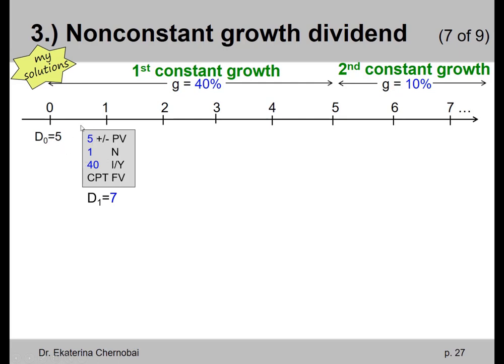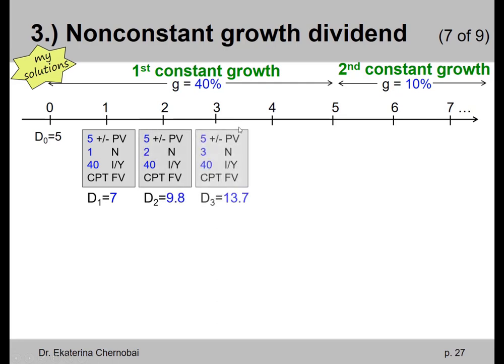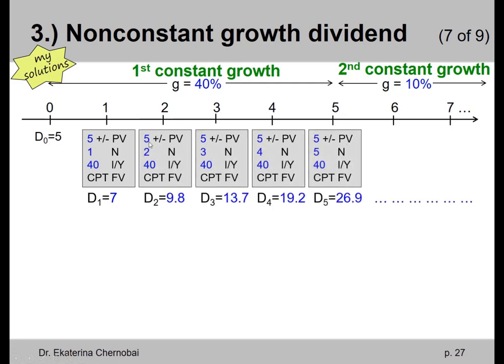Then we want to find the dividend after 1 year, so 1 will be our N, and the dividend will grow by 40%. So 40 is our I/Y. And then you press compute and FV, right? That's how you would get $7. Then the same way, you can calculate the dividends for years 2, 3, 4, and 5.